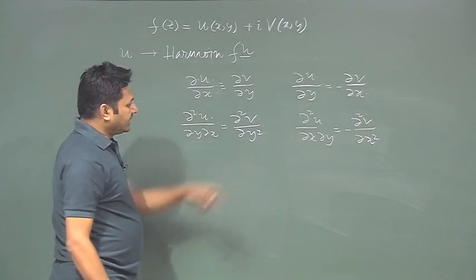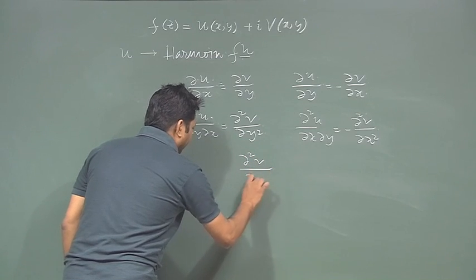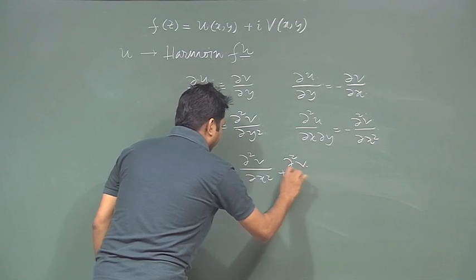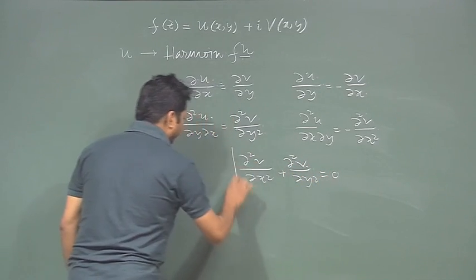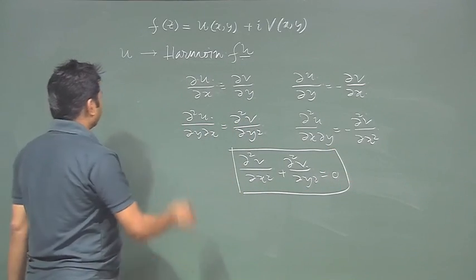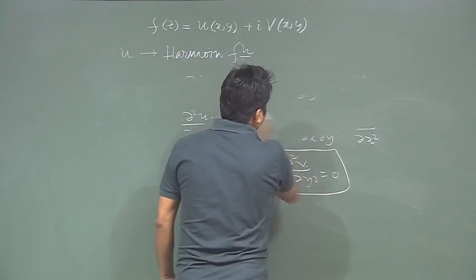And from these two equations again I can write that d2v/dx square plus d2v/dy square is equal to 0. So v is also a harmonic function. So u is a harmonic function and v is also a harmonic function.